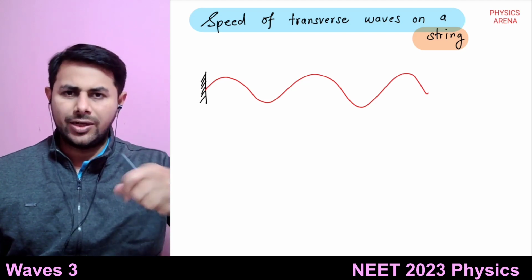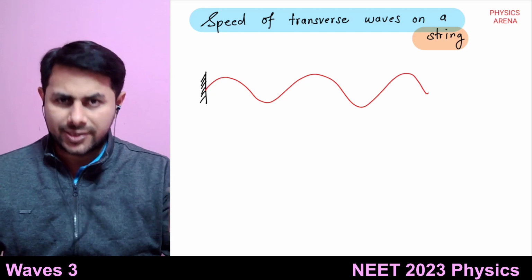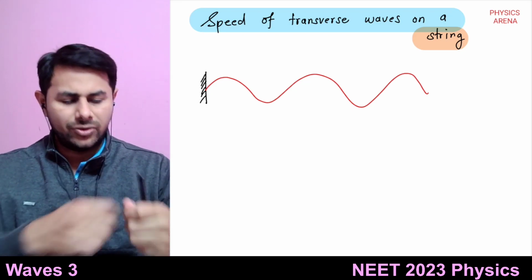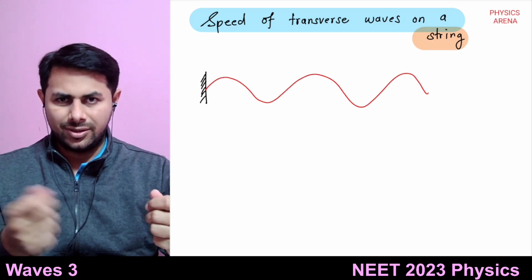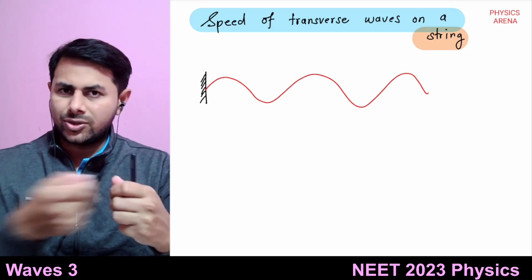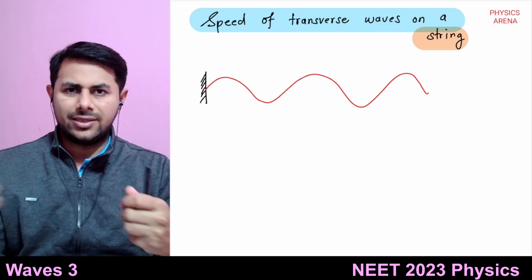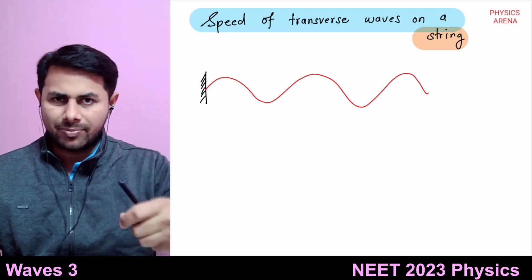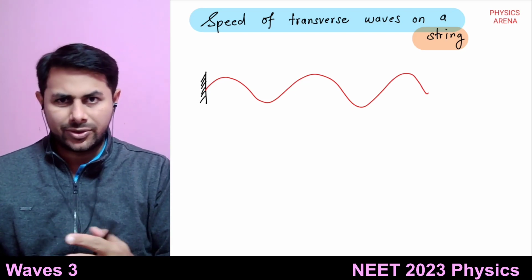When you give a jerk to that string, you are applying some external force, so some restoring force is generated in that string. The force that you are applying will be equal to the restoring force.